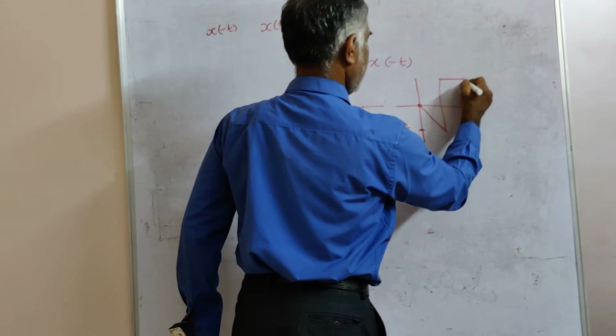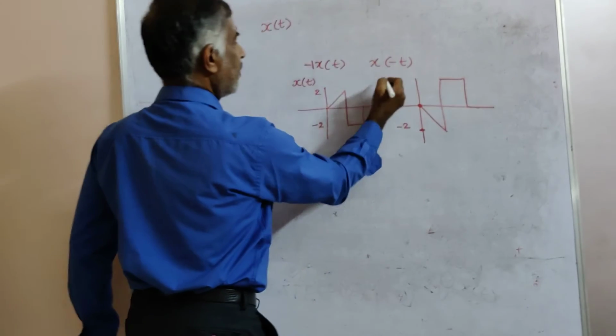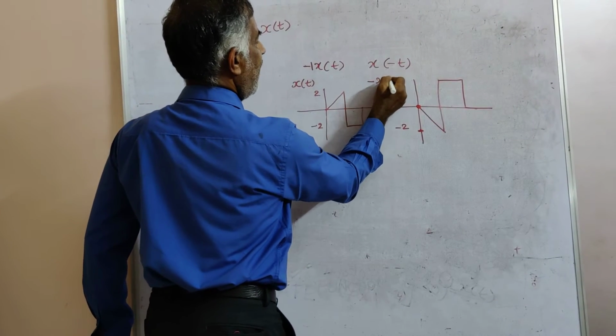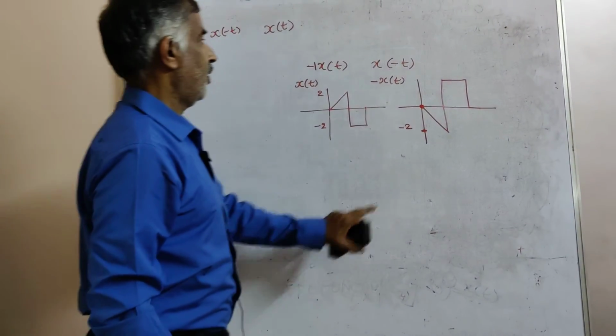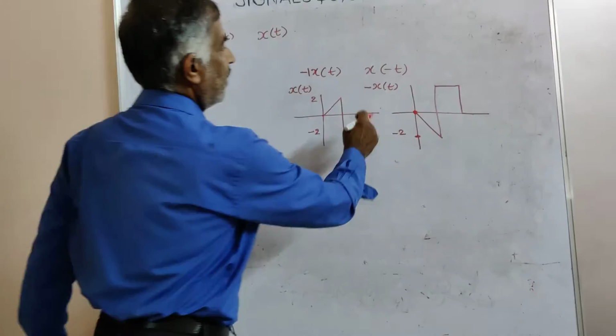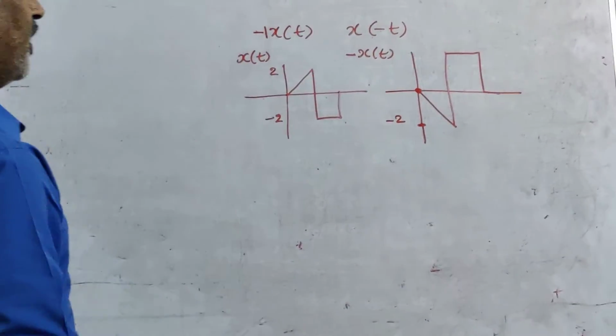Next, this is what is called minus x of t. Minus x of t is different from x of minus t. This is minus x of t.